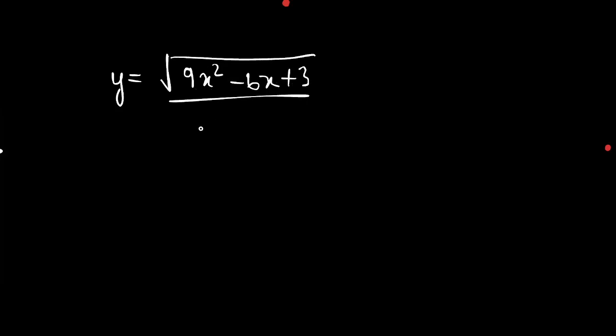Let's say we have our function y is equal to the square root of 9x squared minus 6x plus 3, divided by 2x minus 5.